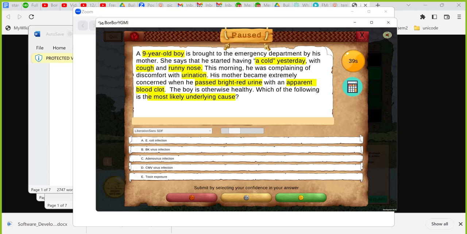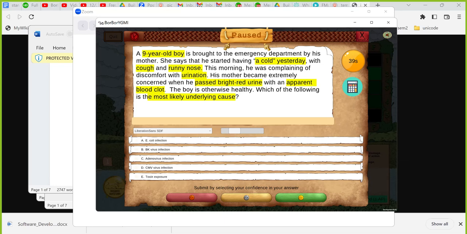So BK is a virus that you would get. I don't know if you use Sketchy Micro, but I highly recommend it. I like it a lot. They have some drawings where they illustrate that BK and JC virus are often opportunistic viruses during immunocompromisation for kidney transplant patients and organ transplant patients.